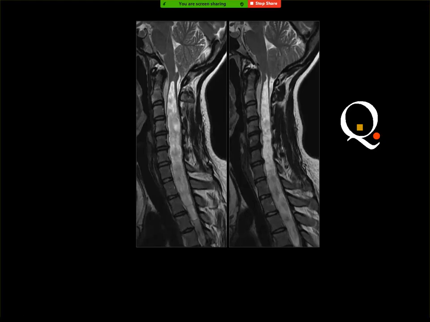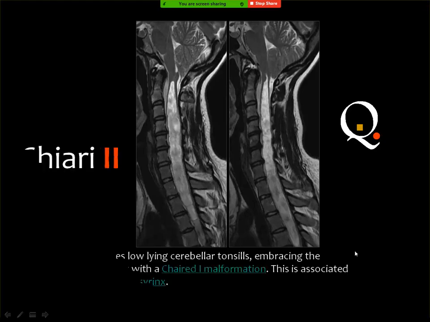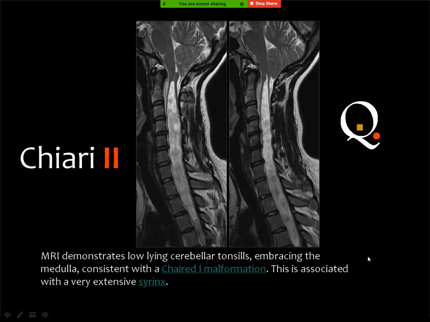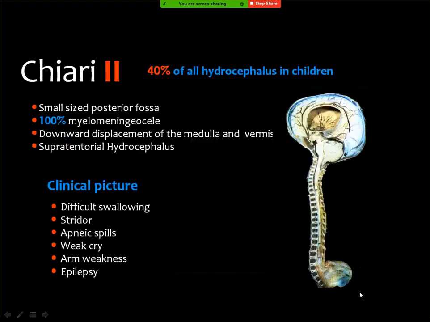Actually, this is a Chiari malformation, which will be discussed in detail in the pediatric module. But we may have some information about this Chiari, which represents about 40% of the causes of hydrocephalus in children and is associated always in 100% of the cases with a meningocele.